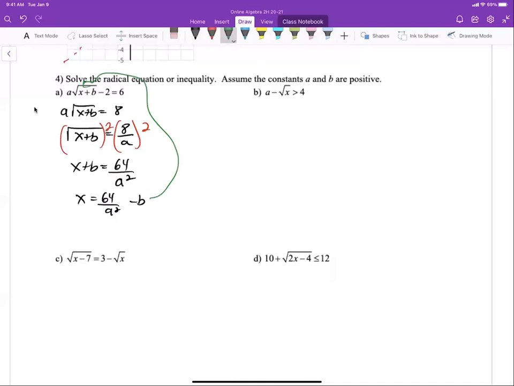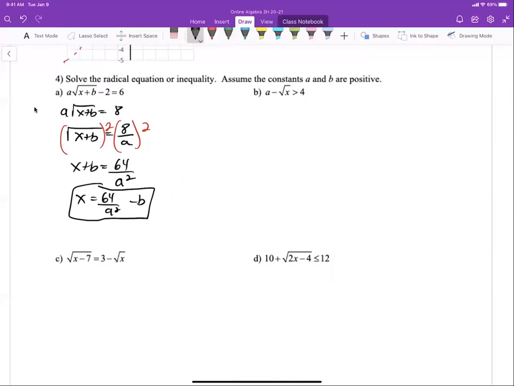So if I take 64 over a squared minus b and then add b, the b's cancel, then I take the square root of 64 over a squared, I get 8 over a. The a's cancel, I get 8 minus 2, that's 6, so that checks out. So this is a solution.